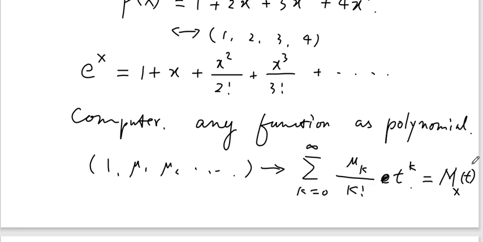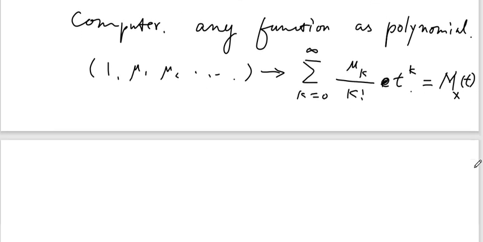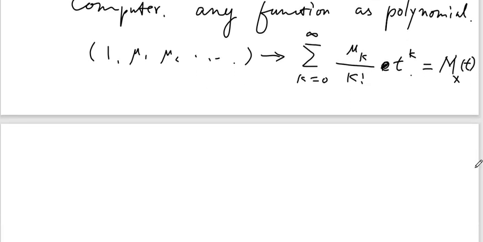So this moment generating function means that from this function we can generate all moments. From this moment generating function we can find all its moments. So for this reason we call it the moment generating function.